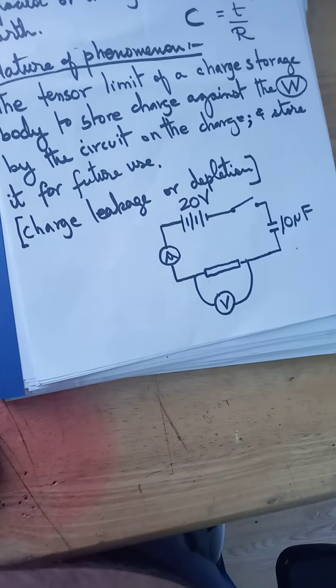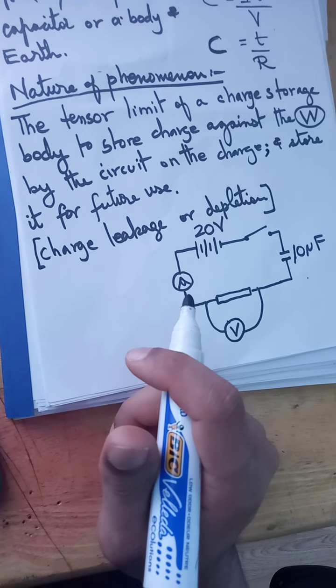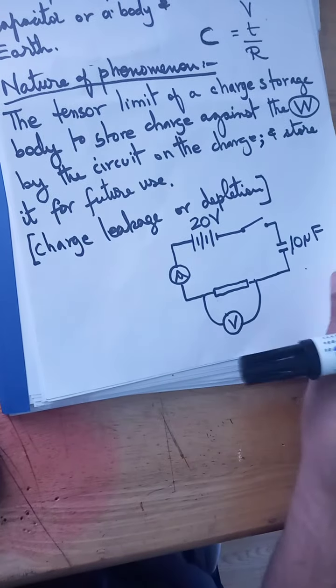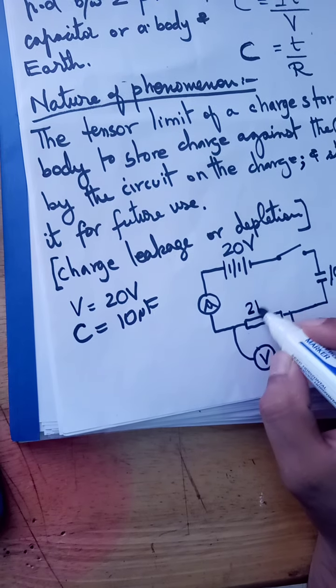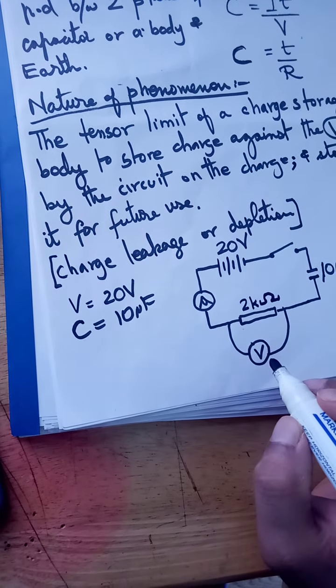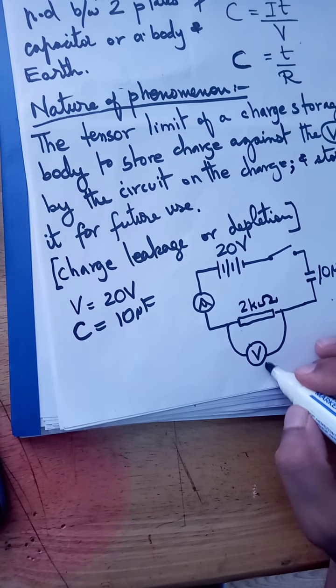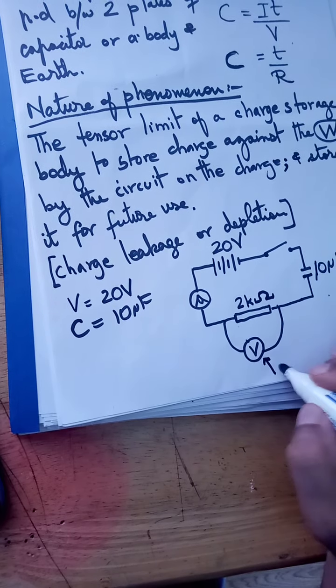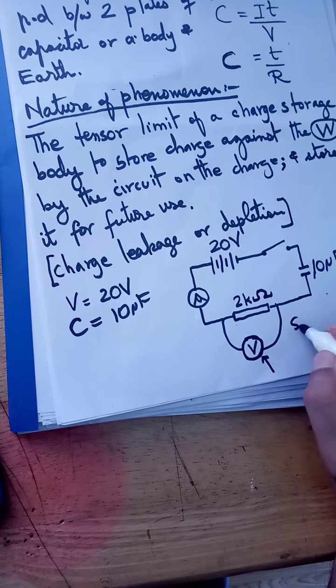This time I want you to calculate the following. And let me make this 2 kilo ohms. This doesn't matter right now. This is variable voltage.